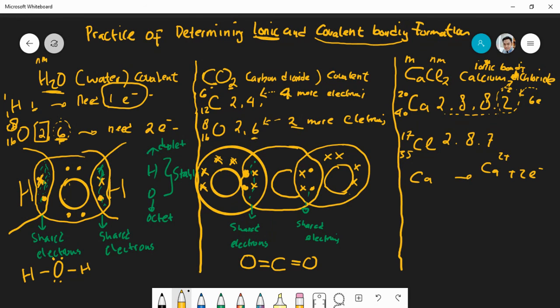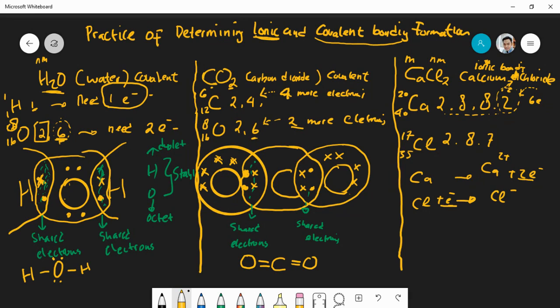And then chlorine accepts 1 electron and becomes chlorine minus, as in the previous video. As you can see, there are 2 electrons given, but each chlorine is only able to accept 1. So we need 2 chlorine.